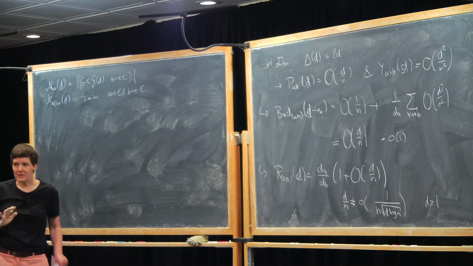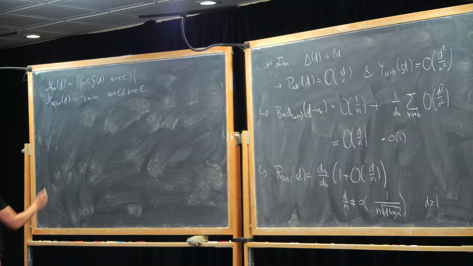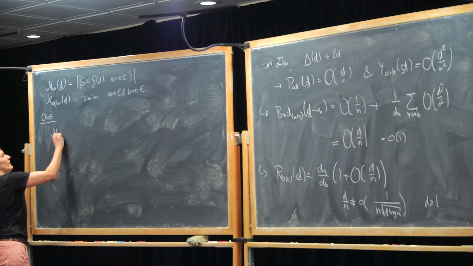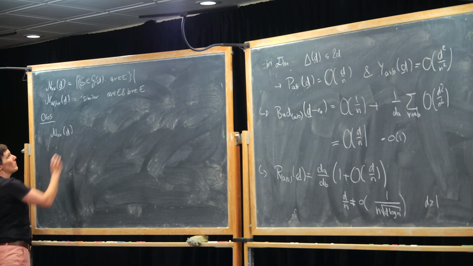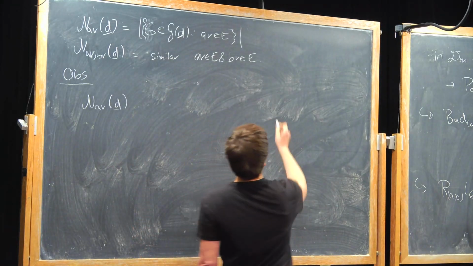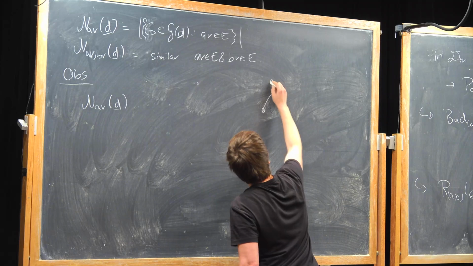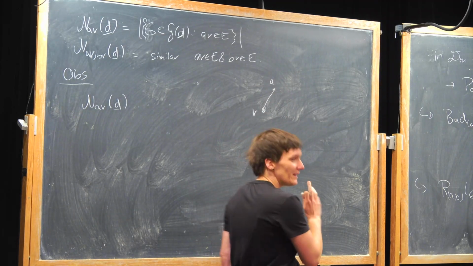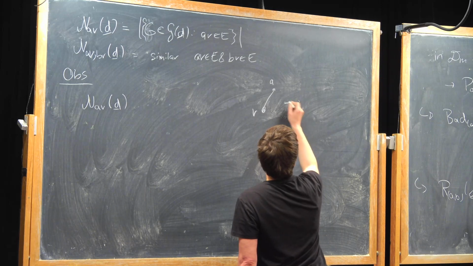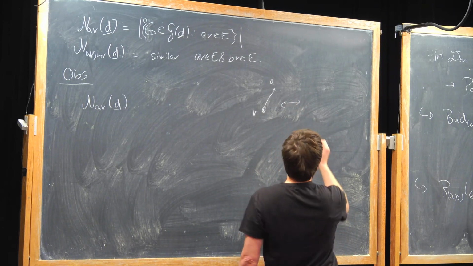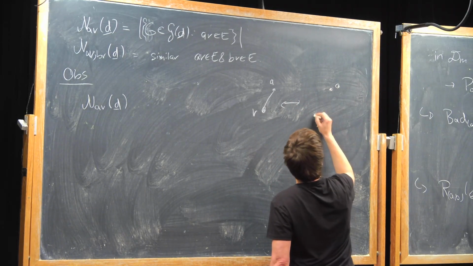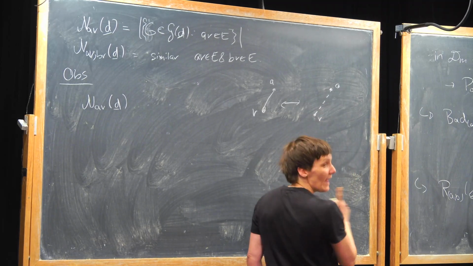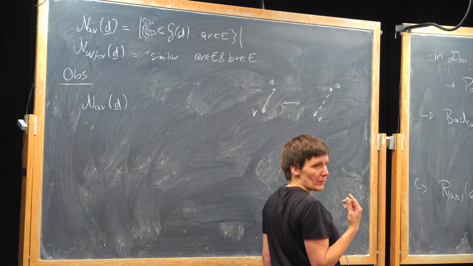And here comes the simple observation. You can write NAV of D. What is it? I want to count the number of graphs that have an edge between vertex A and vertex V. That set of graphs is in direct bijection with a set of graphs that do not have an edge here, and I have a degree reduced by 1.